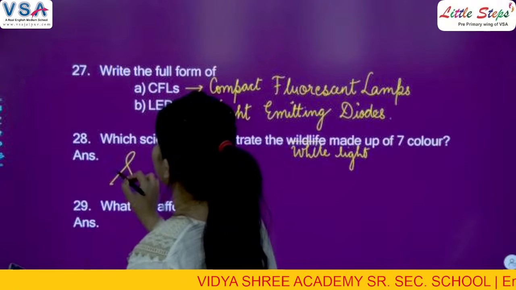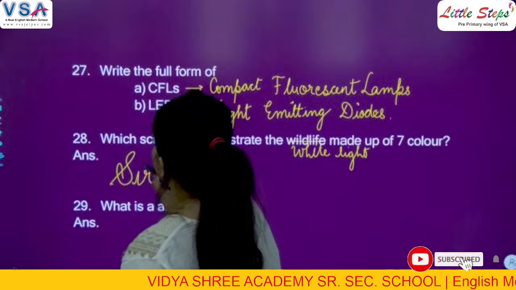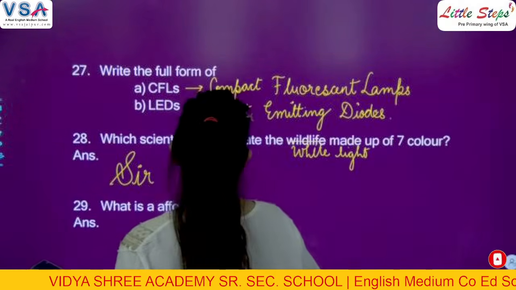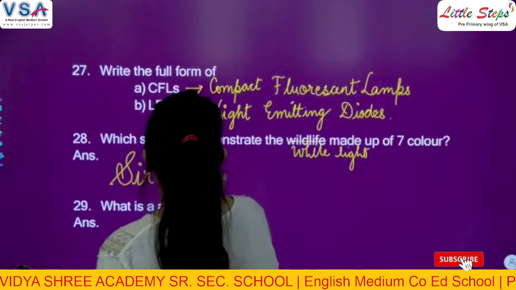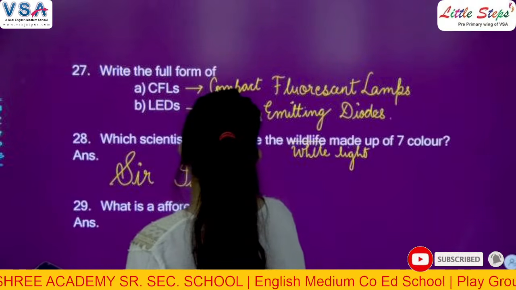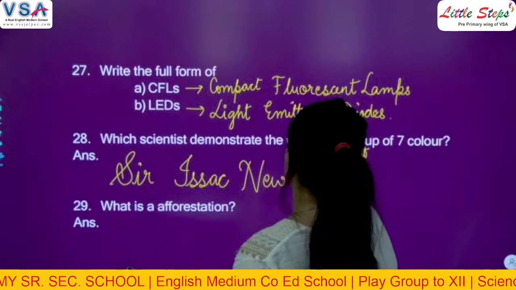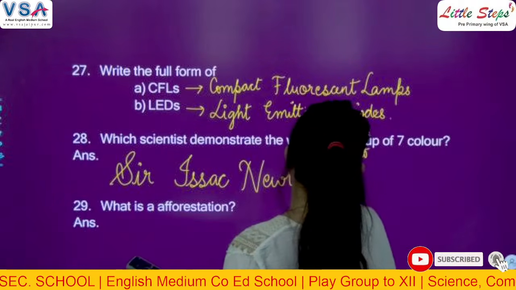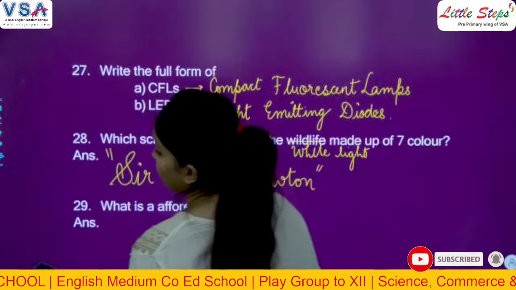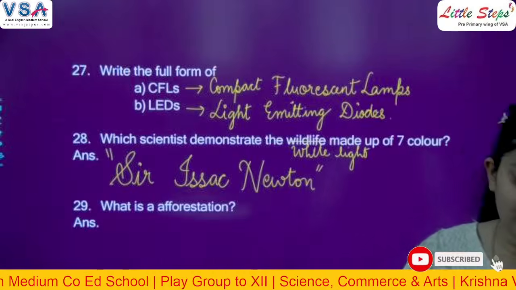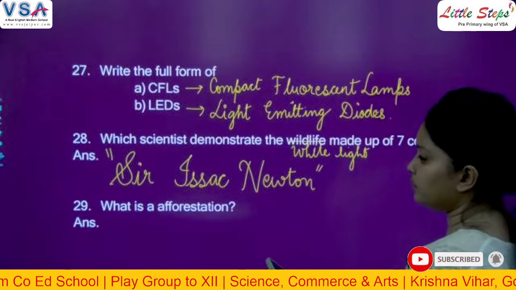As we all know, Sir Isaac Newton. He was the one who discovered the white light is made up of 7 colors. Sir Isaac Newton.